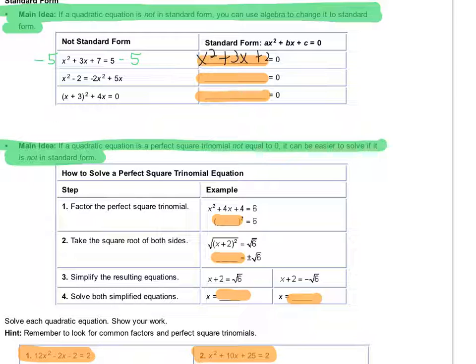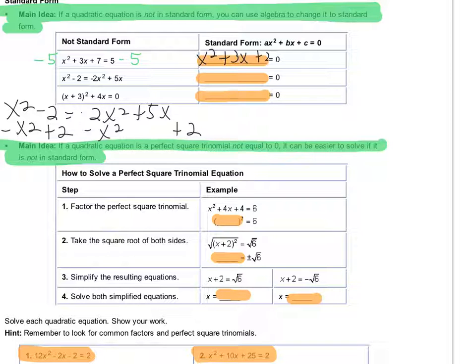Okay, the next one you have to do a little bit more manipulating to. And I'll put it over here. You have x squared minus 2 equals negative 2x squared plus 5x. So you can subtract x squared and also add 2 at the same time.